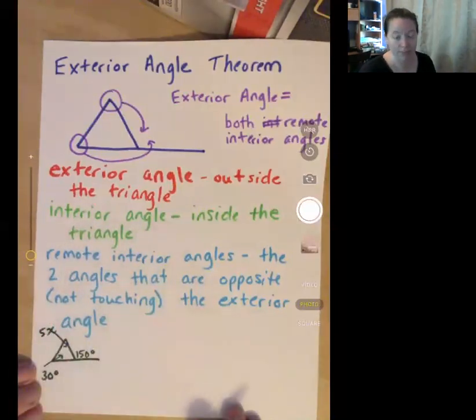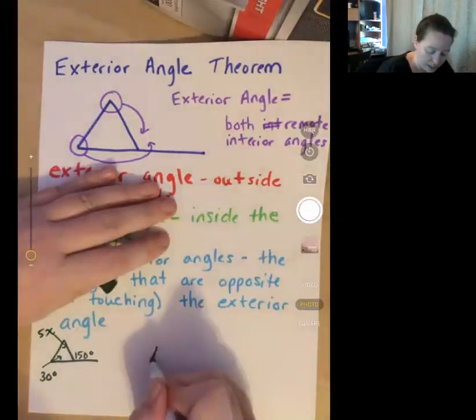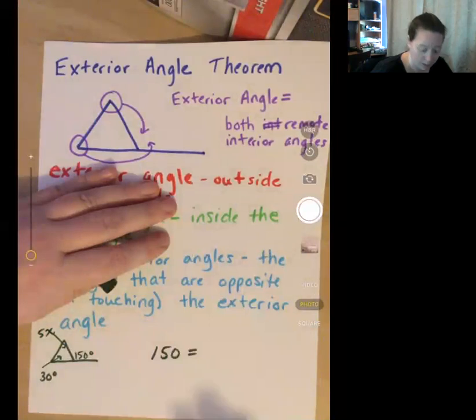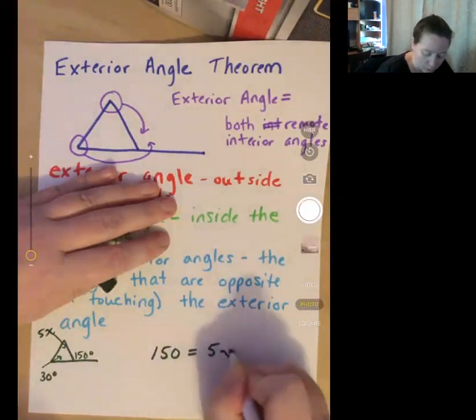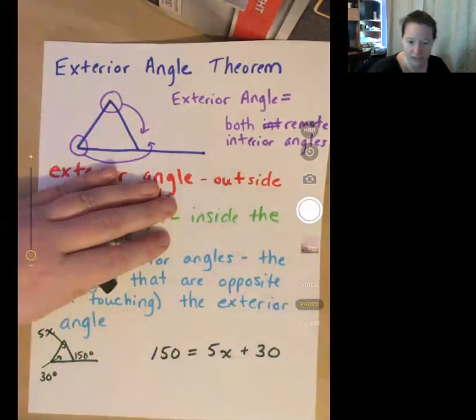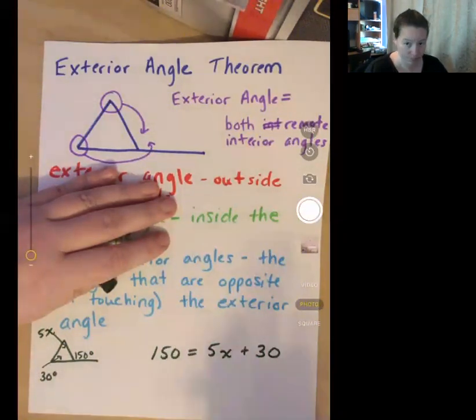There we go. Okay, so this tells us that we can set that 150 equal to the 5x, which is one of them, plus the 30, which is the other. Do you see? The exterior is equal to the 2 remote interior.